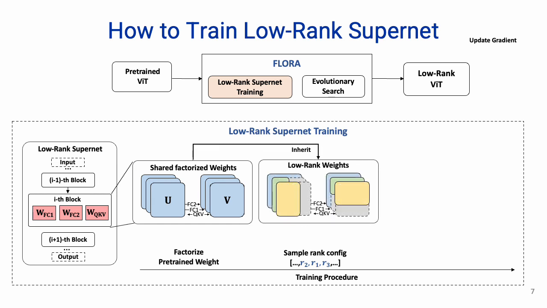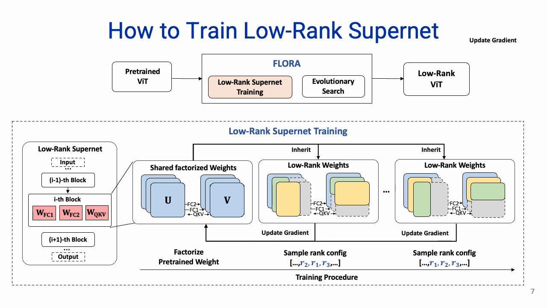This sampled and generated low-rank architecture undergoes training, and the gradients are updated back to the active segment of the shared superblock. We repeat this iterative process until convergence. After several rounds, we get the low-rank supernet.